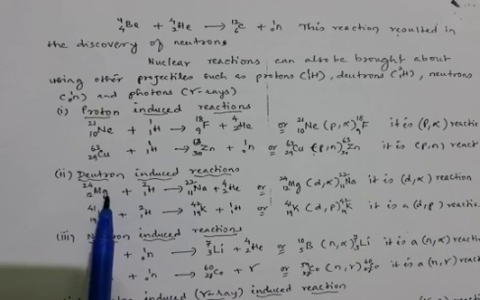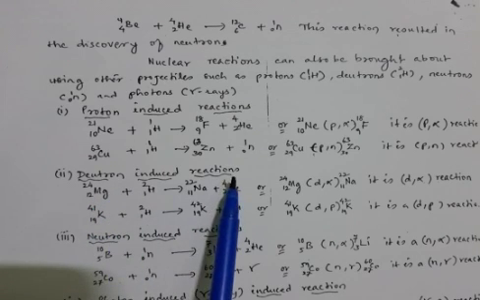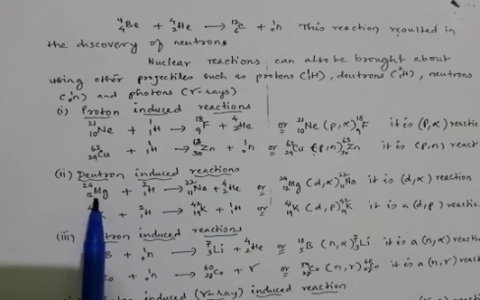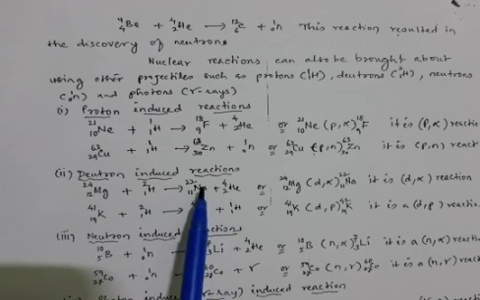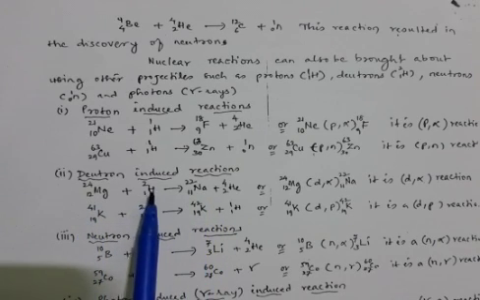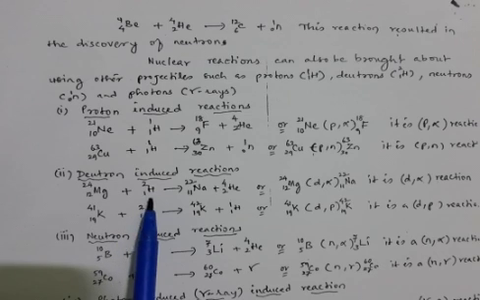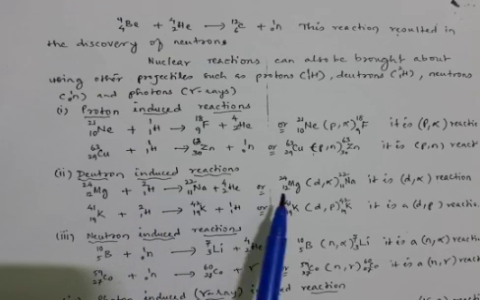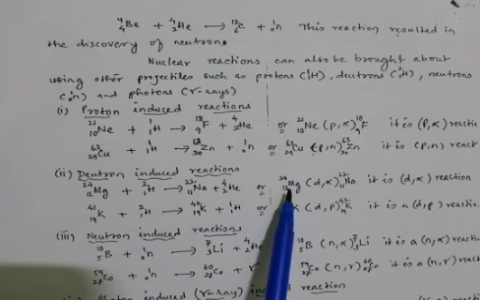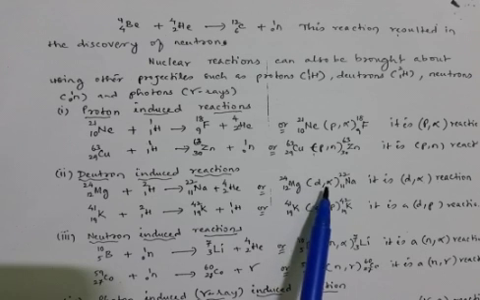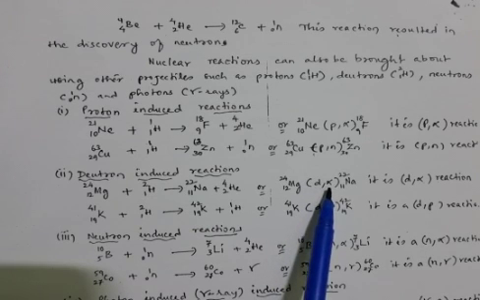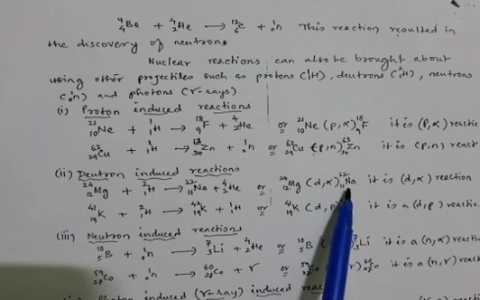In the next example, you can see the deuteron induced reaction. Magnesium is converted into sodium by the striking of deuterium. Here magnesium is the target nuclei, deuterium is the projectile, and an alpha particle is emitted, resulting in the formation of sodium.